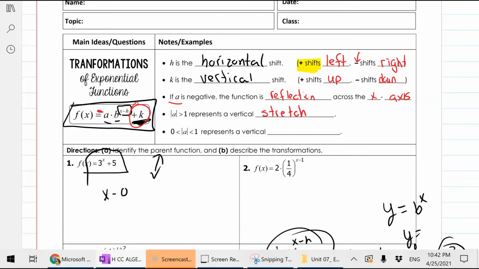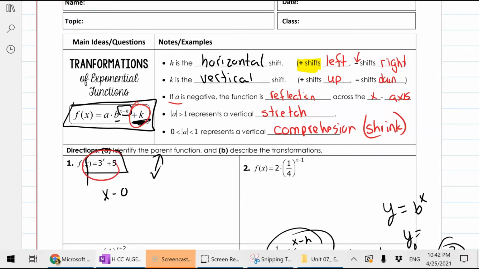So if it's like -3, -5. If it's a fraction, so if it's 1/2, even if it's -1/2, it represents a vertical compression or shrink. That's what we used before, was shrink.